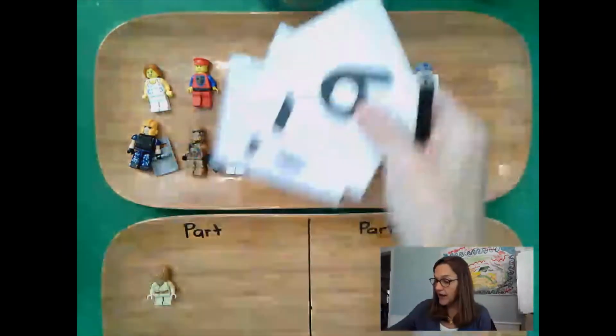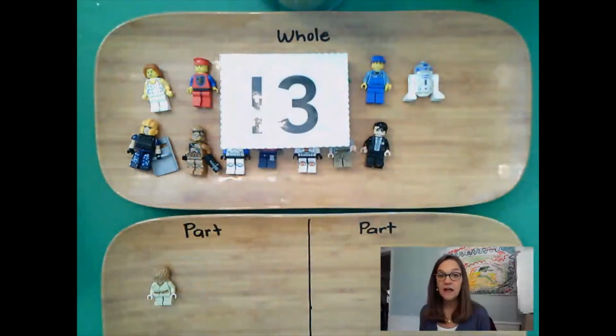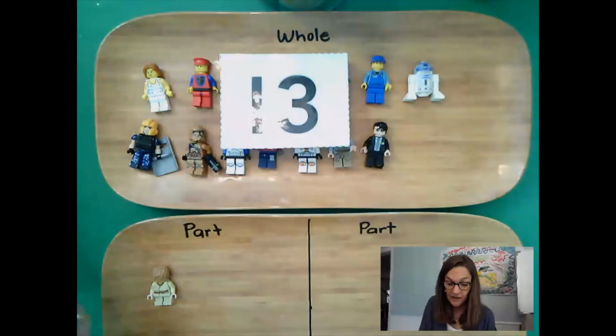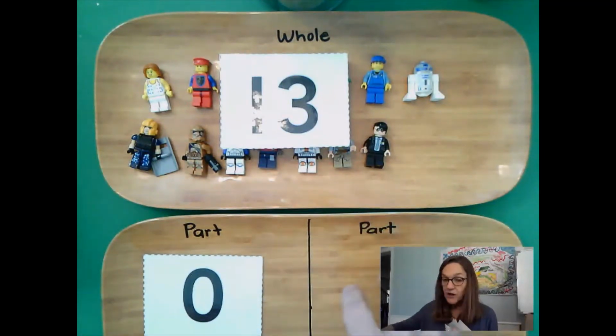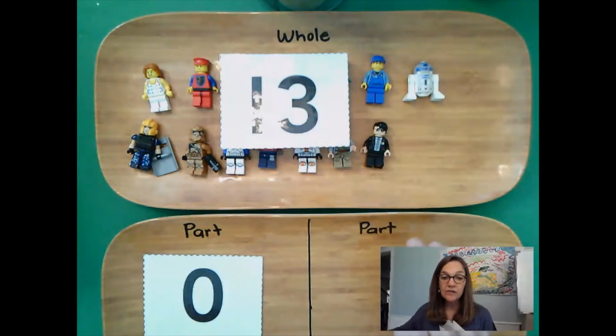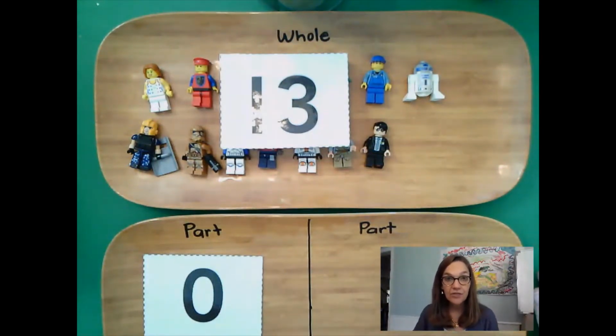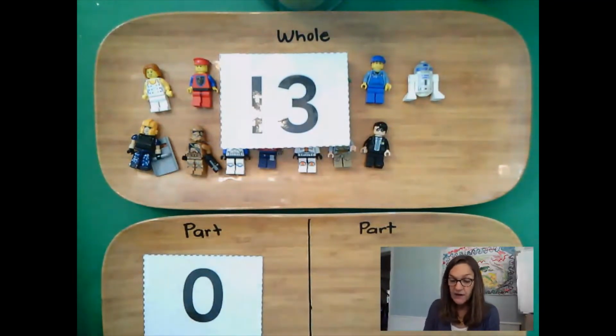For example, if I have the number 13 up here, which I do, I have 13 Lego characters, and down here I have a 0, then how many Lego characters do I need over on this side of the tray so that all together we have 13? I need 13 Lego characters over here.